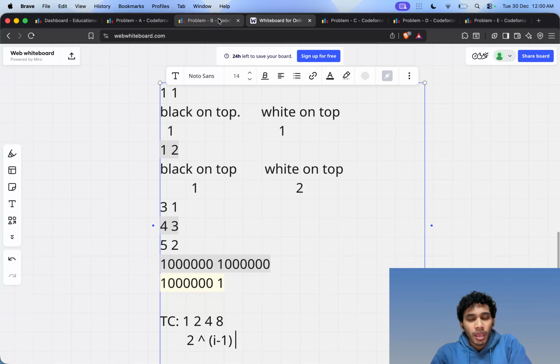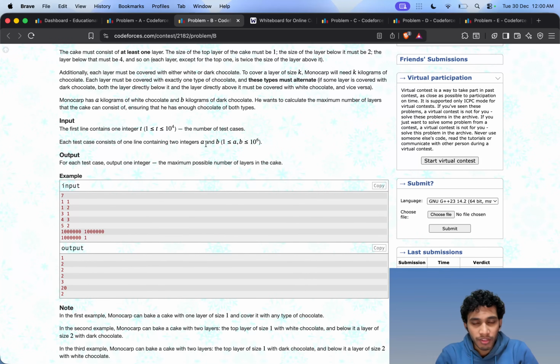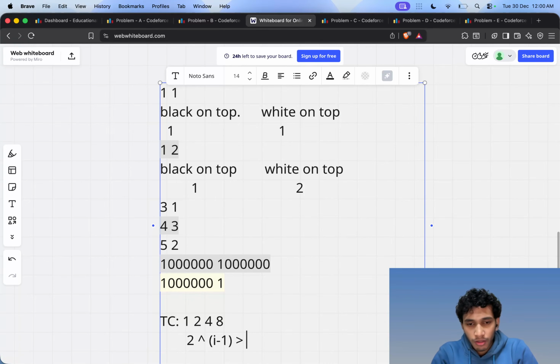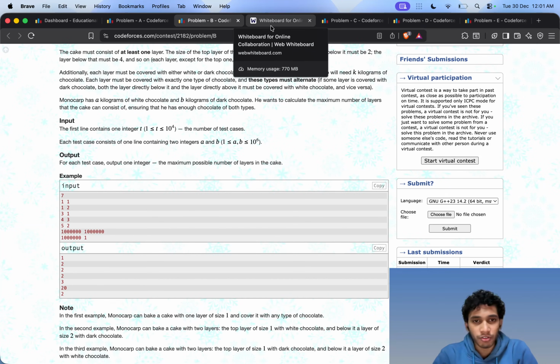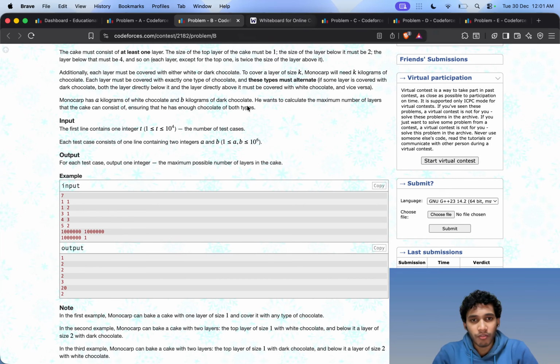And this iteration or looping will be stopped as soon as this number 2 to the power I is greater than either A or B, min of A comma B, or let's for now assume it is greater than A. In a better scenario, we can assume it is max of A comma B, but it is very much the same.